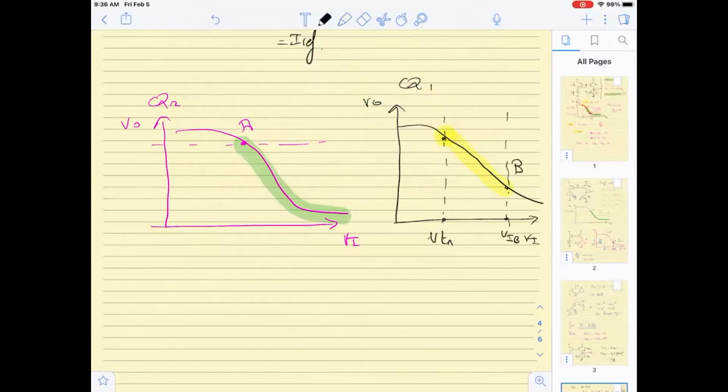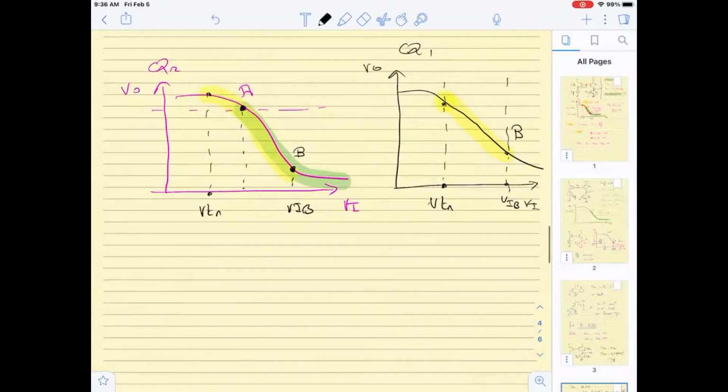So between the VTN and the VIB, if I map them here, this is VTN and this is VIB, and if I bring this here, then the common region, if this is point B, is really between points A and point B. Meaning point A gives me an upper bound on VO, and point B gives me a lower bound on VO.